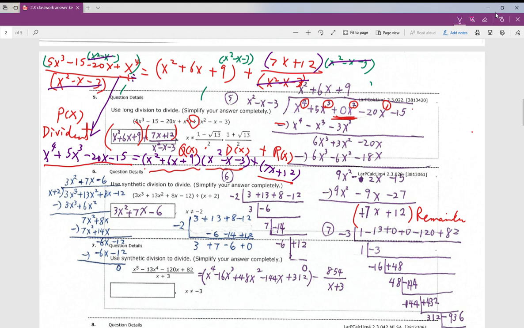Fraction means division. And if you write down in the fraction form, your remainder needs to be divided by the divisor. But if you get rid of the divisor, then your quotient needs to multiply with the divisor. And then it becomes this form. Very important form.